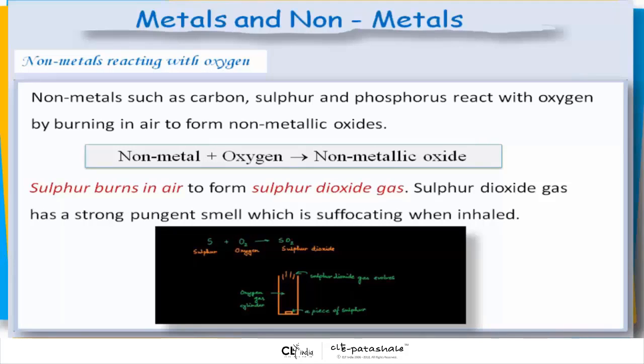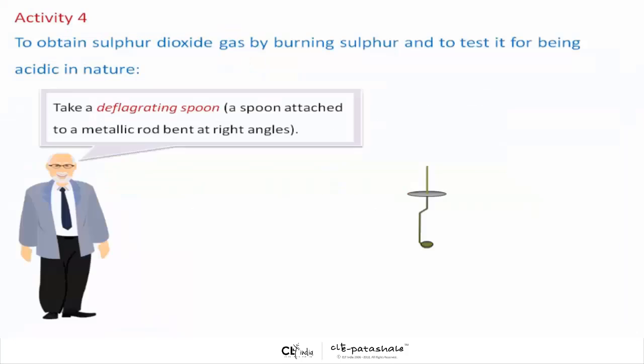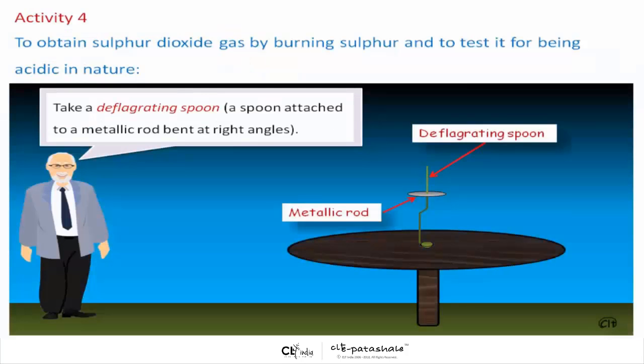Sulfur burns in air to form sulfur dioxide gas. Sulfur dioxide gas has a strong pungent smell which is suffocating when inhaled. Activity 4. To obtain sulfur dioxide gas by burning sulfur and to test it for being acidic in nature. Now children, take a deflagrating spoon, which is a spoon attached to a metallic rod bent at right angles.